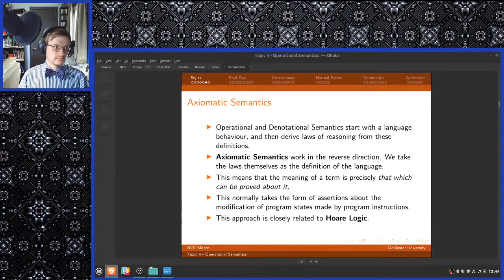So, Hoare logic. You also may have heard it referred to as Hoare triples. This isn't actually a major topic in this course, so I'm going to just gloss over it, but you may want to know this for future third-year courses. What a Hoare triple is: precondition, statement, postcondition.